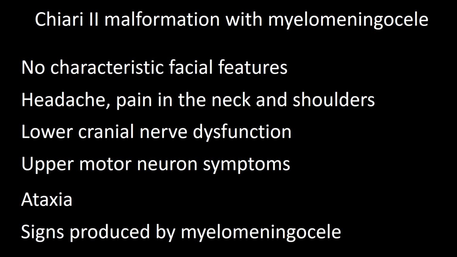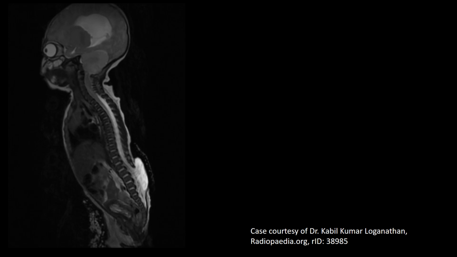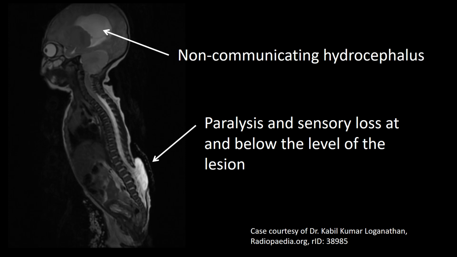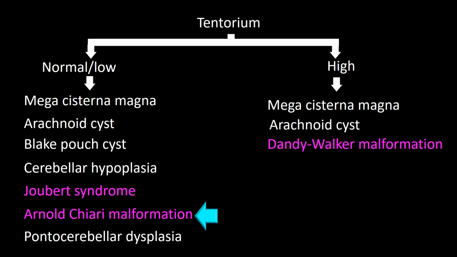But in addition, they have manifestations produced by the myelomeningocele. This is an MRI of a patient with Chiari type 2 with myelomeningocele. They present with paralysis and sensory loss at and below the lesion. And if present, as usually it is, there are signs of non-communicating hydrocephalus. This ends our discussion about Arnold-Chiari malformations.